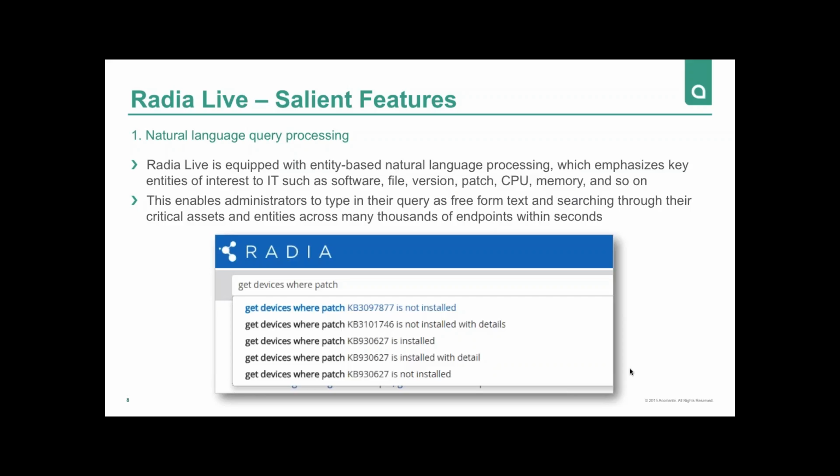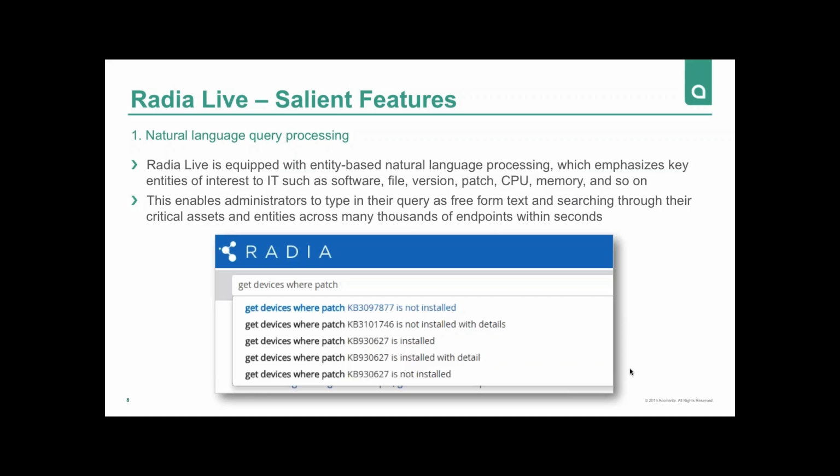We'll also try to include this information in online help, so that's something you can always rely on. That enables the administrators to type the query very quickly, search through, and keep refining the query. If you wanted to find out if this patch is not installed, you can just run that query. If you wanted to find out further details, you can run the query with the details.